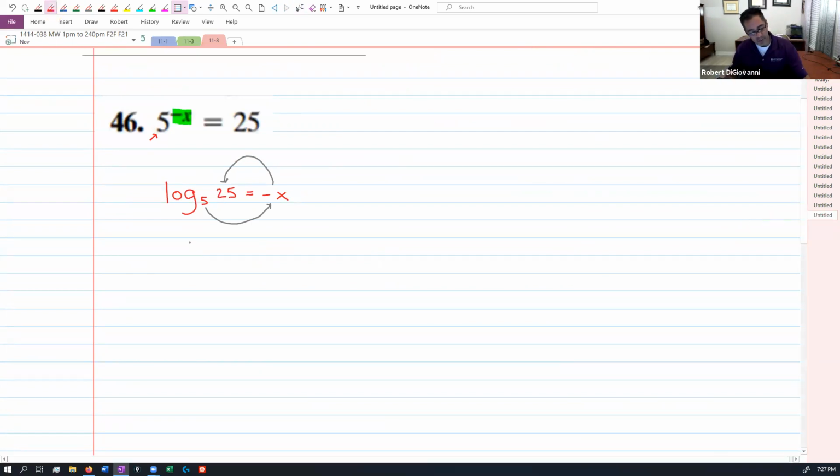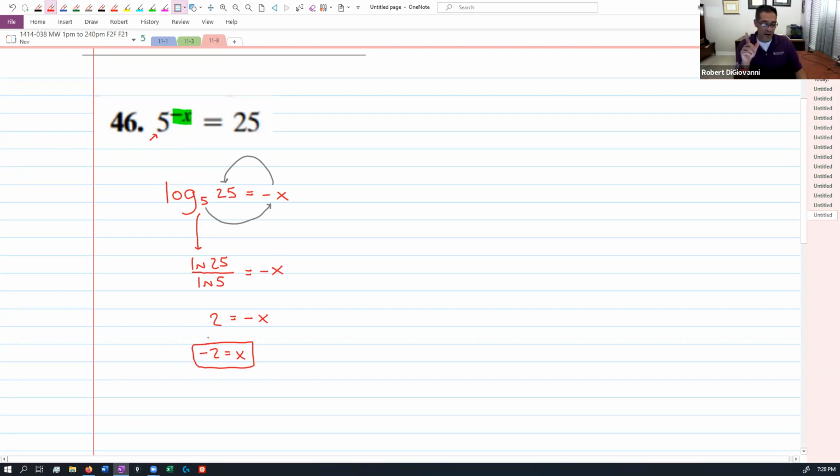So this right here turns into natural log of 25 over natural log of 5 equals negative x. I'm going to get on my calculator. Natural log of 25 divided by natural log of 5, and I get 2 equals negative x. And now I want x, so let's just multiply both sides by negative 1, and we get a solution here.